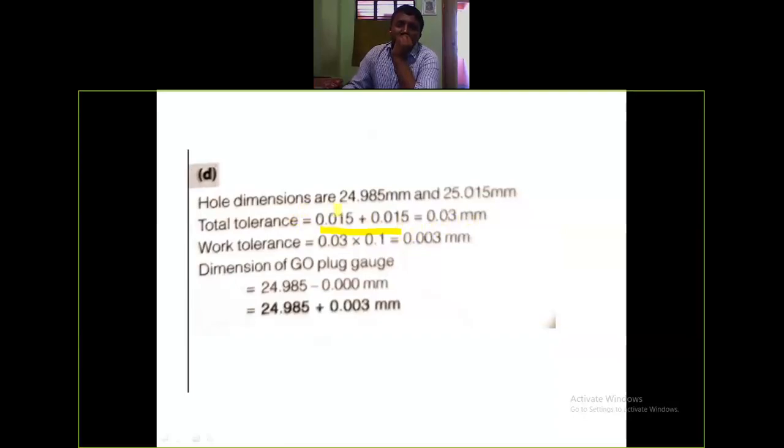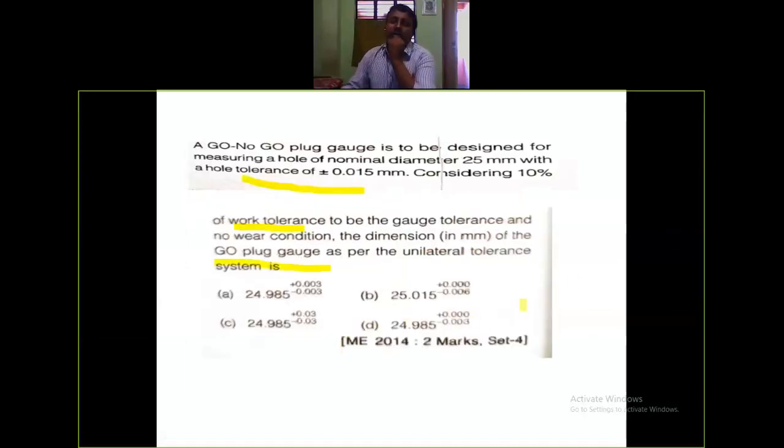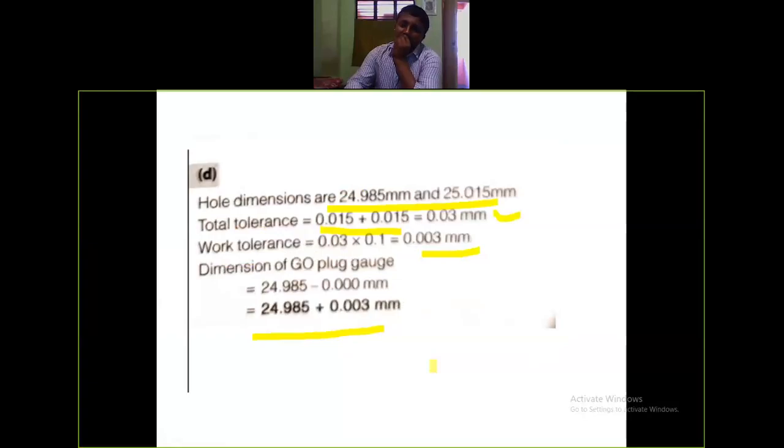These are the dimensions for the hole. The gauge tolerance will be 0.003 millimeter, so the dimension will be like this. The correct answer will be option 3. This question was asked again in 2014 in set 4.